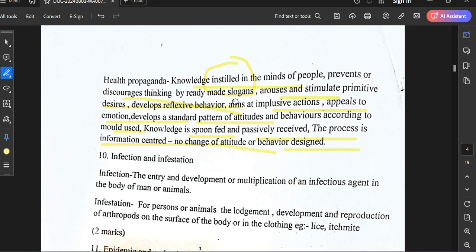Knowledge is spoon-fed and passively received. The process is information-centered, no change of attitude or behavior designed. We are not going to change the attitude or build a habit. We are just information-centered, passively feeding them. That is the basic agenda of health propaganda.